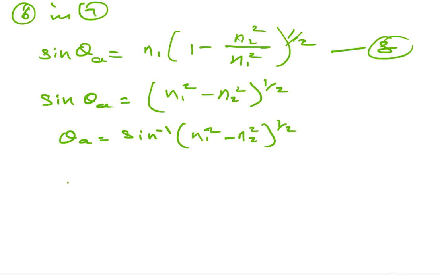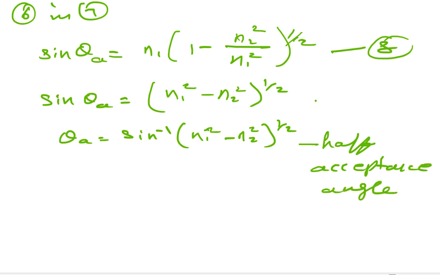This is for a half acceptance angle. And this is called numerical aperture.